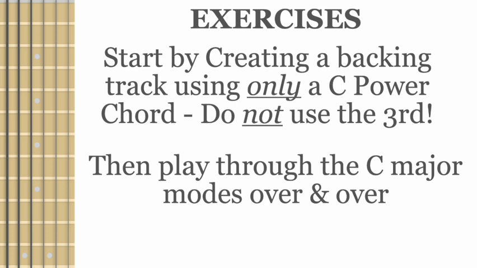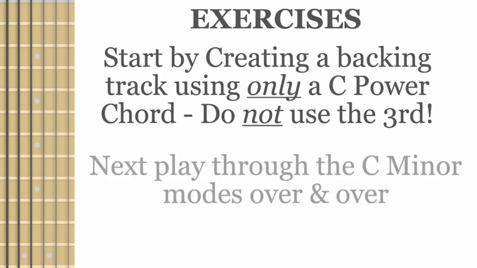And it will really start to train your ear to understand what some of these modes start to sound like. Once you've run this for 5 minutes and you're probably bored, switch it over to the minor modes, right? So now we're looking at C Aeolian, C Dorian, C Phrygian, and just loop them, just run them over and over against this C power chord backing track.